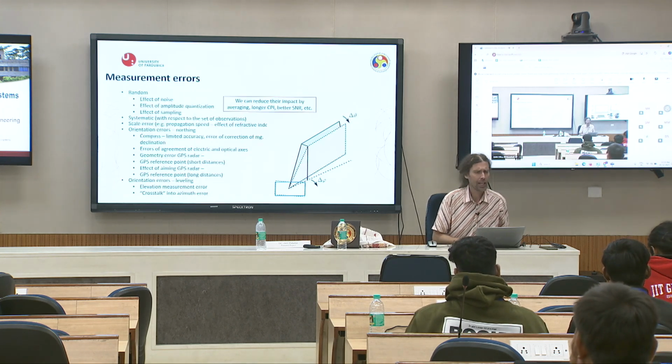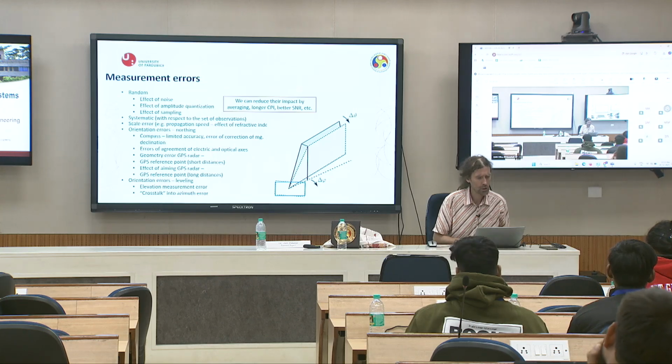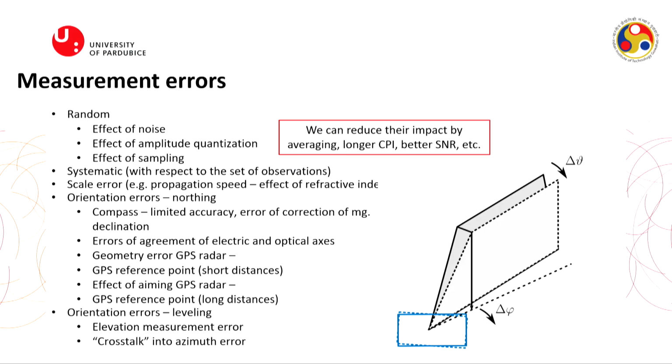Then I have one slide about measurement errors. Which kind? It will be quick. So we have random effects, of course, the effect of noise. Noise is everywhere. Effect of amplitude quantization, because I made AD conversion and quantization error, I think you know it very well from electrical engineering.